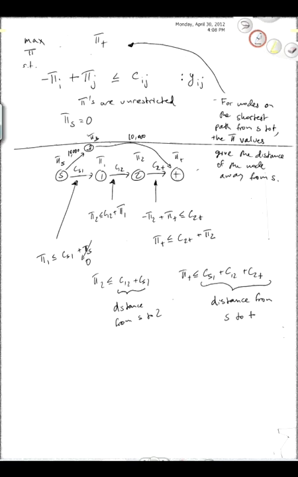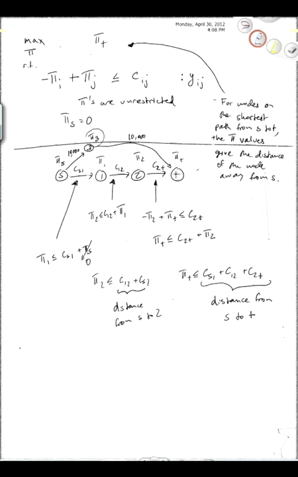So this pi 3 value for a node that's not on the shortest path, this value doesn't have to be the distance away from S. It turns out that there's some leeway on what setting you could give to that variable. It could be the distance away from S. That always works. But it could potentially be something else.